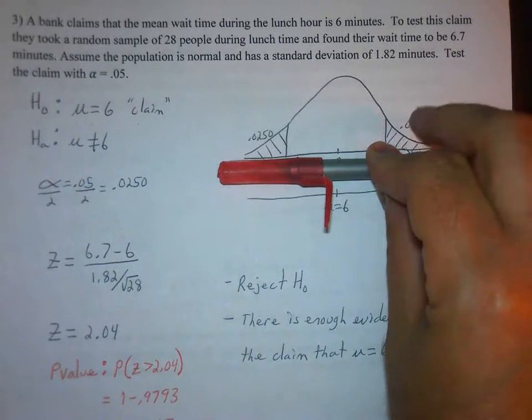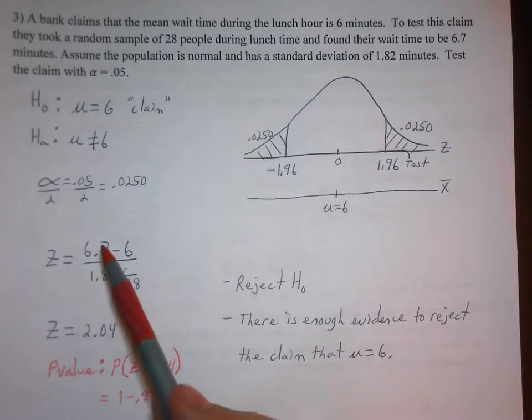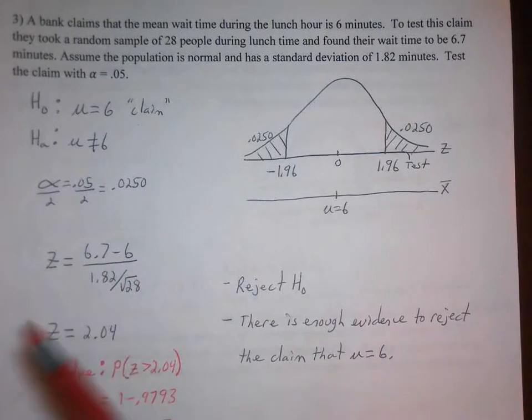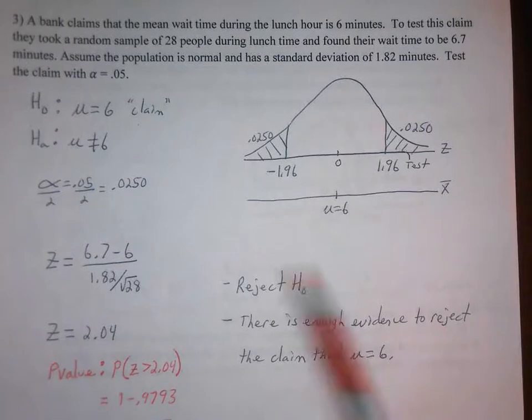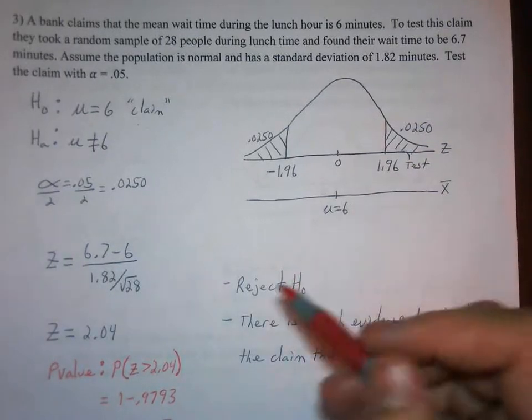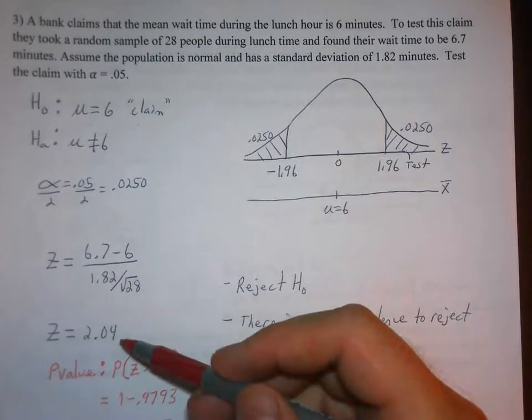So now we need to know, is the probability of getting a sample mean of 6.7 too unusual or not? So that z-score is 2.04. Now on our table, we know that z is positive because we calculated a positive z-score.